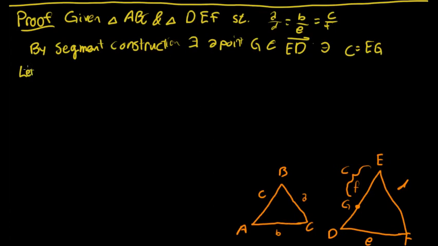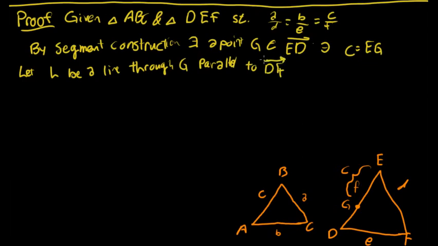Then we'll say that we can let L be a line through G parallel to DF. So we have this line going through G and it's parallel to DF.